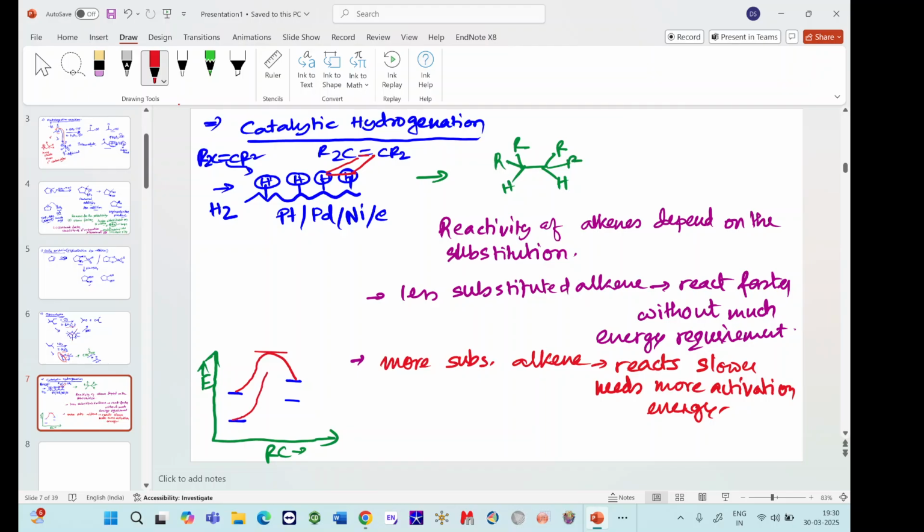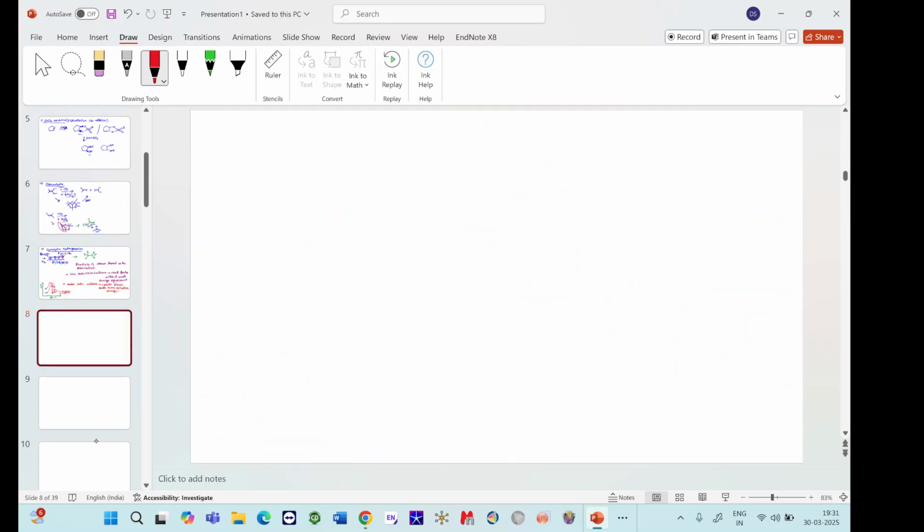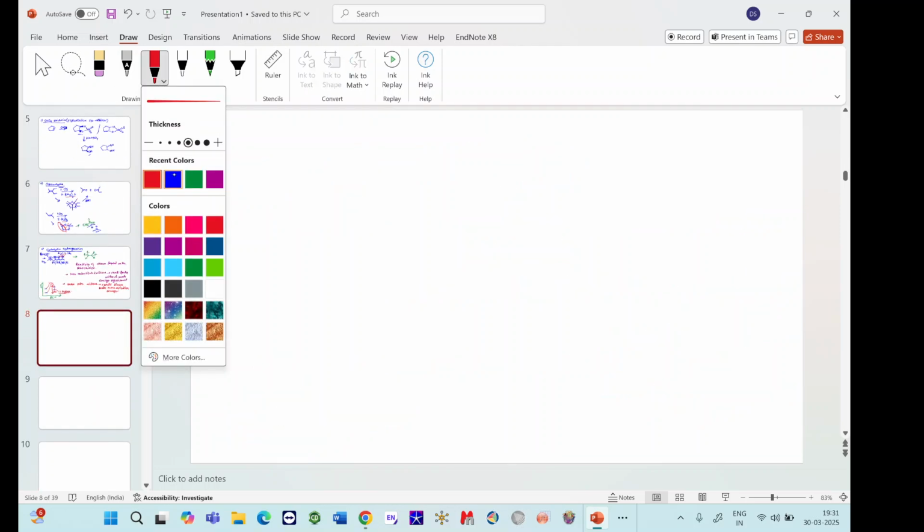This is also going through a transition state. Okay, but this difference is much more. This energy requirement is higher, and that is why the more stable one reacts slowly. Okay, I guess it is easy to understand.